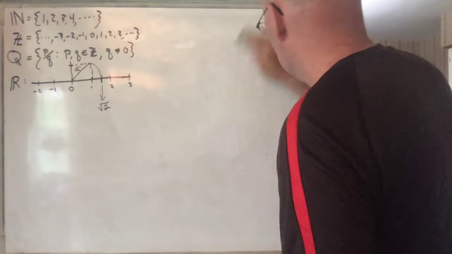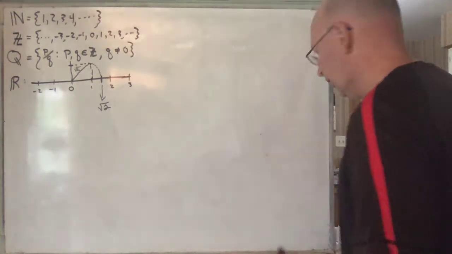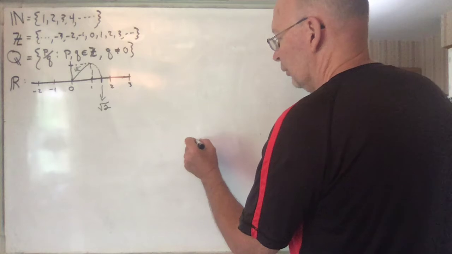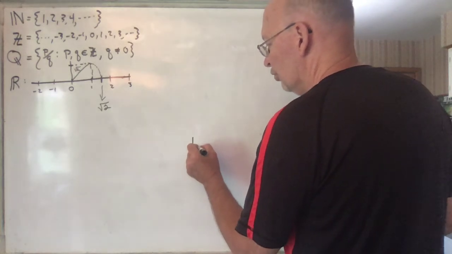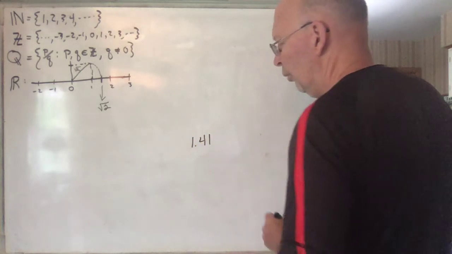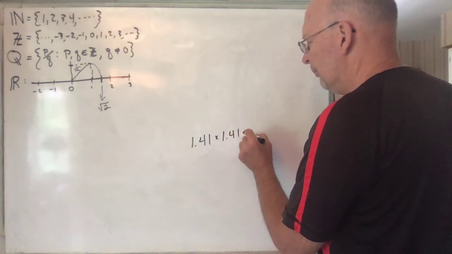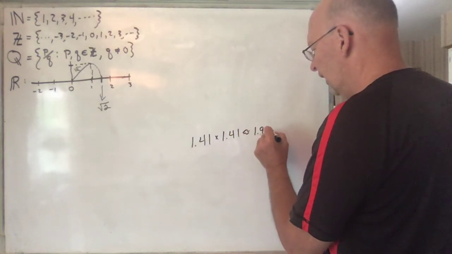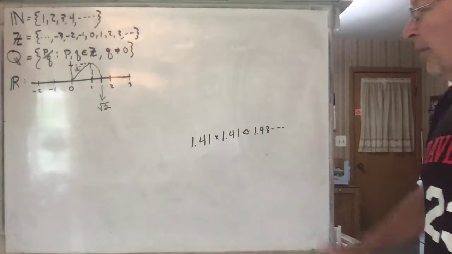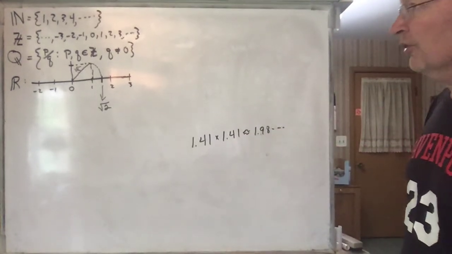They just figured that the square root of 2 was some rational number. If you look at what number times itself gives you 2, it turns out that 1.41 times 1.41 gives you something pretty close to 2, maybe 1.98, I can't remember exactly, but it gives you something pretty close to 2.